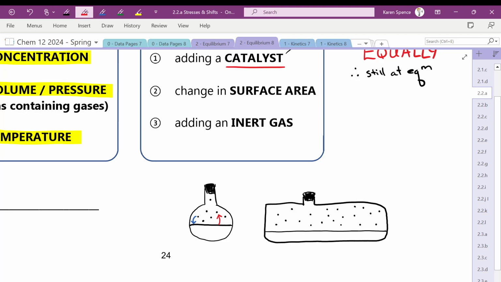So what's going to happen is I have now provided 3 times the area for evaporation to occur, so the rate of evaporation is going to triple. Yes? And I have also provided 3 times the area for the condensation process. So the condensation rate is also going to triple.